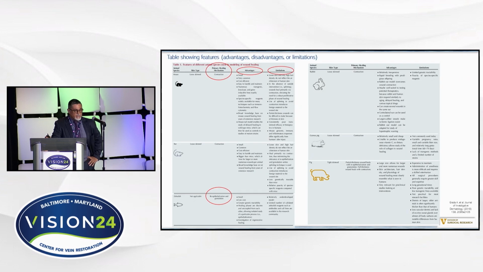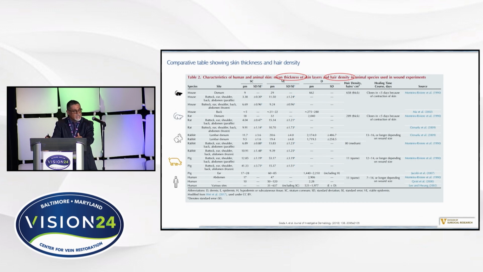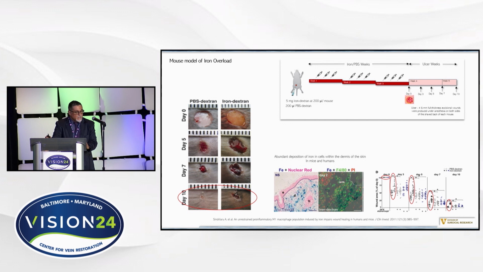What is also interesting about this manuscript is that there are two tables, one outlining the advantages and disadvantages of each of the models, and another one, very interesting, showing skin thickness and hair density in all species, including humans.